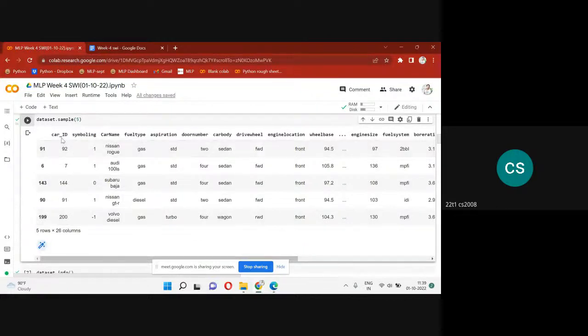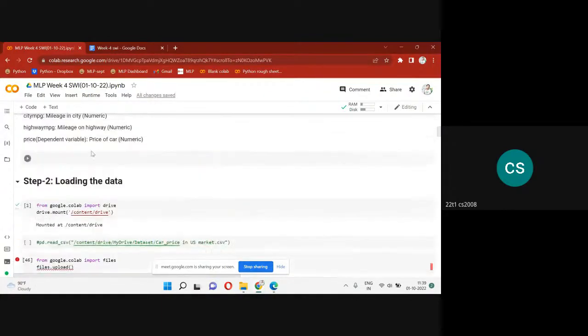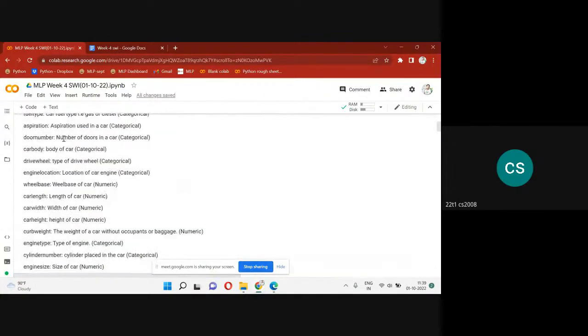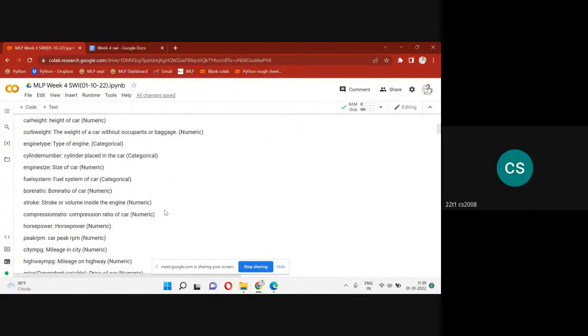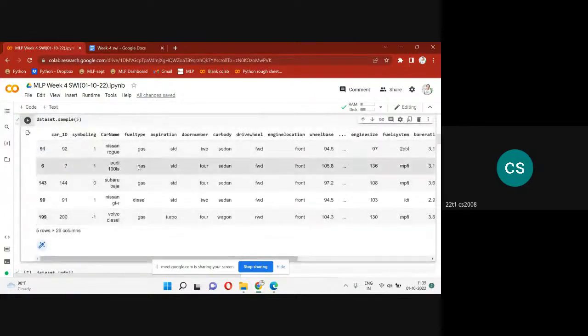For example, here car ID is there, and symboling, which denotes the safety of your car. It's assigned an insurance risk rating. A value of +3 indicates that the auto is risky, and -3 indicates it is pretty safe. This is just to get an idea of the data set.